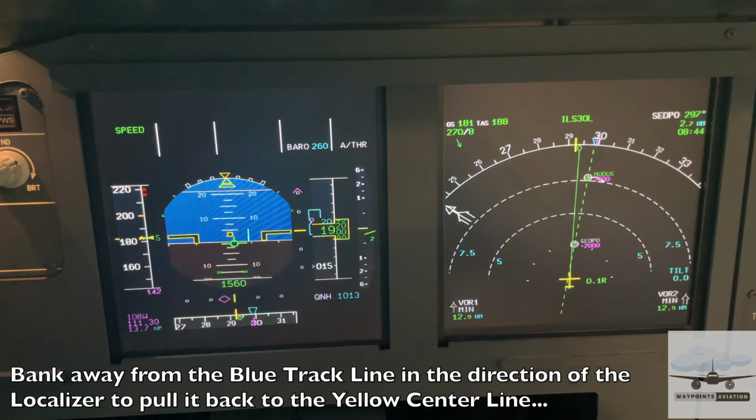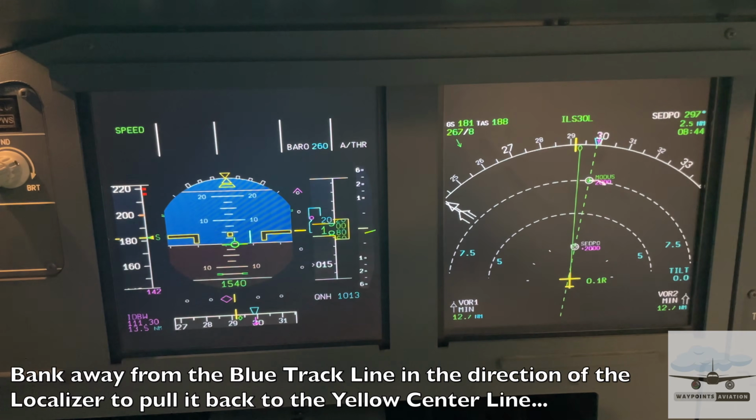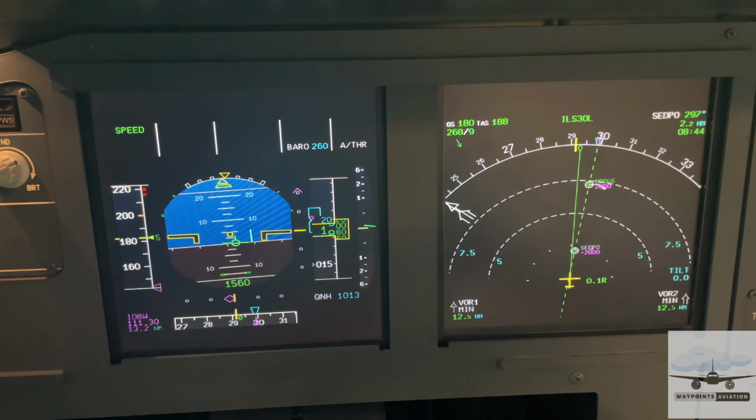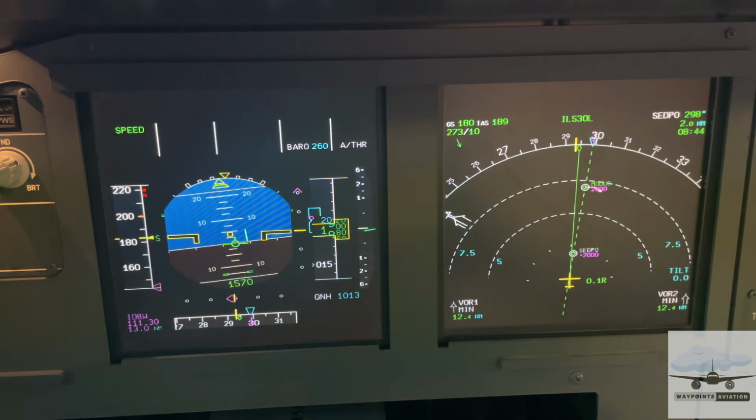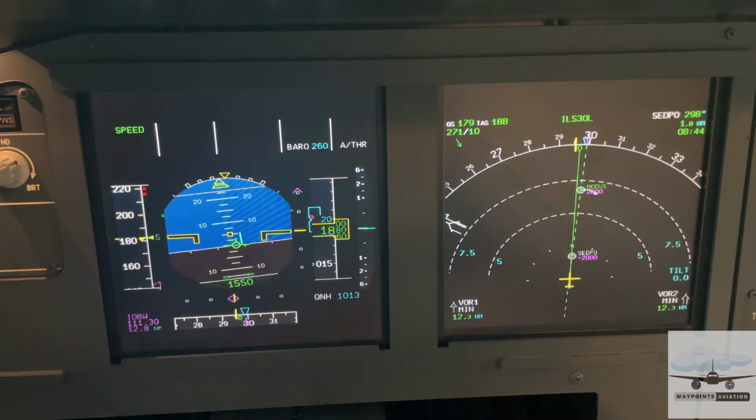Now since I'm to the left of the track, that's gonna pull the localizer back in. I'm waiting for the localizer. The moment the localizer comes back, I'm just gonna start a gentle bank, almost 10 degrees, and I'm gonna put the tail of the bird back on the track.